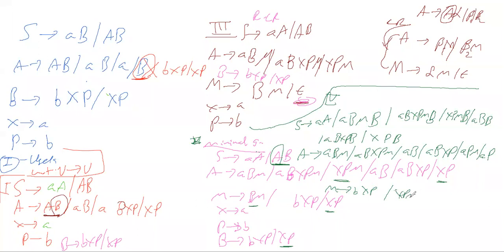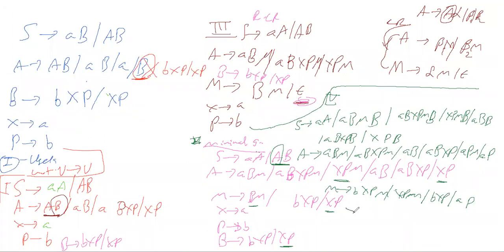Okay, so after that, M also will come. Slash BXP, then slash XP. That X we have to replace with the production rule. So aP. So M implies BM slash BXP slash XP will look like this now.